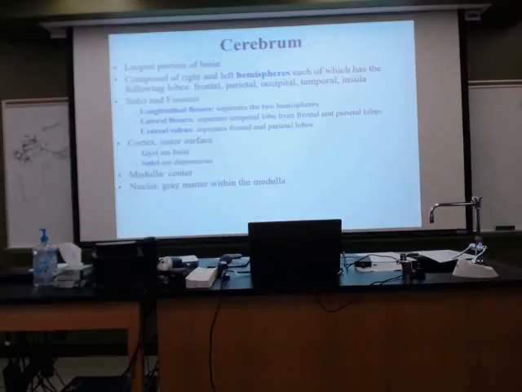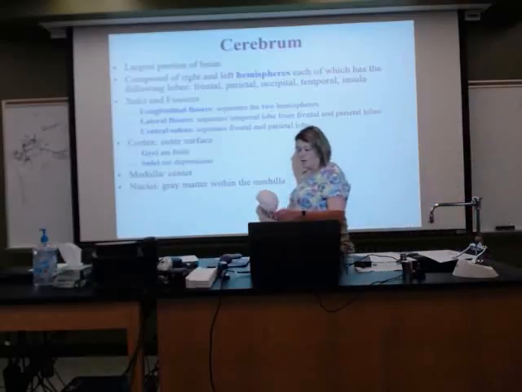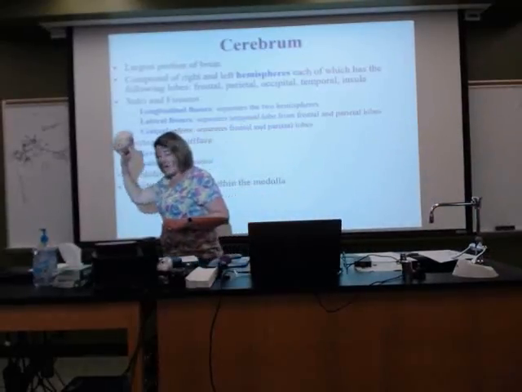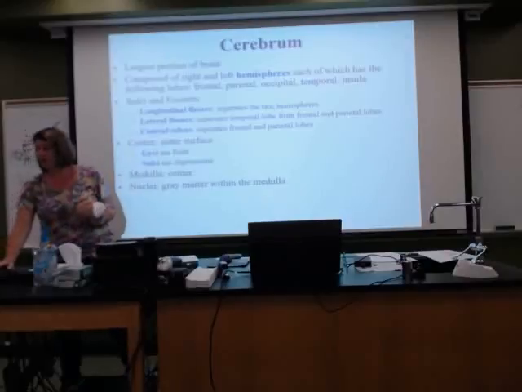Nuclei, this time, are within the gray matter. In the cerebellum, they were in the white matter. So, like I said, it seems like it kind of goes back and forth, back and forth, back and forth. And it sort of does, okay? So this structure, although odd, very unique.